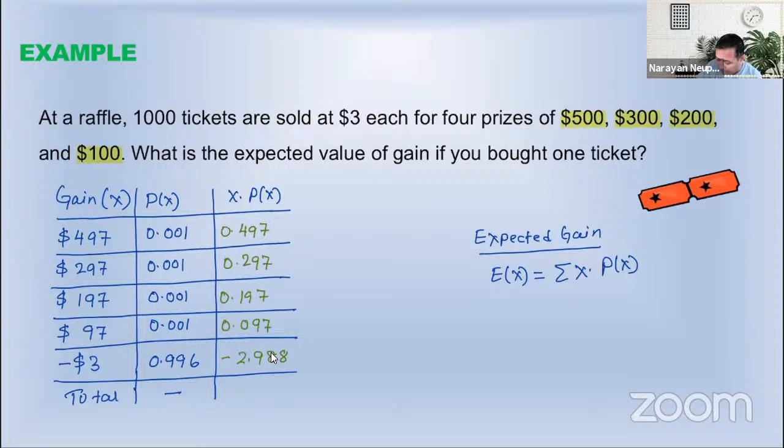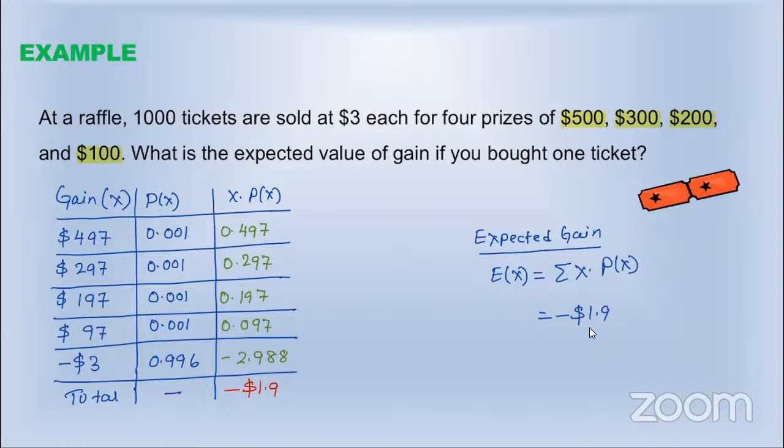So negative 1.9. So meaning of that is when you're adding all this, that's the expected value, you are getting negative $1.9. So that means if you just buy one ticket in general or on average, there is a loss of $1.9. That is the meaning of that.